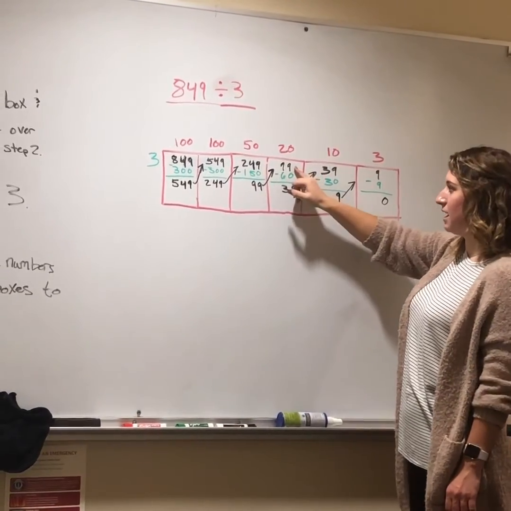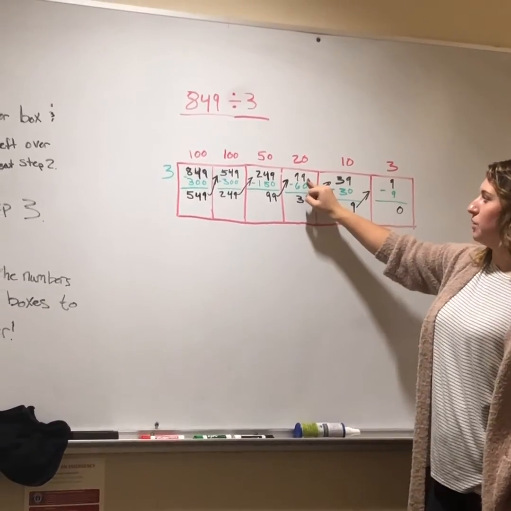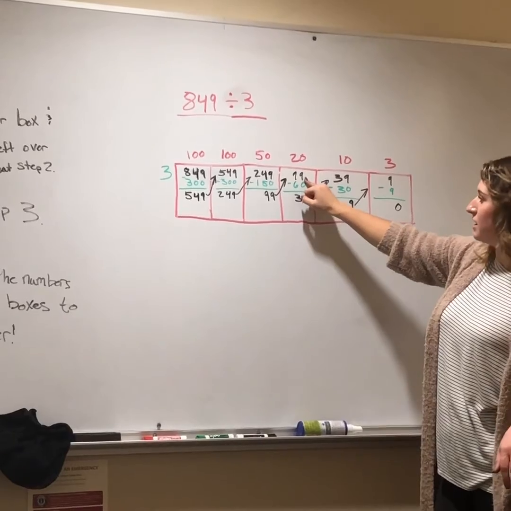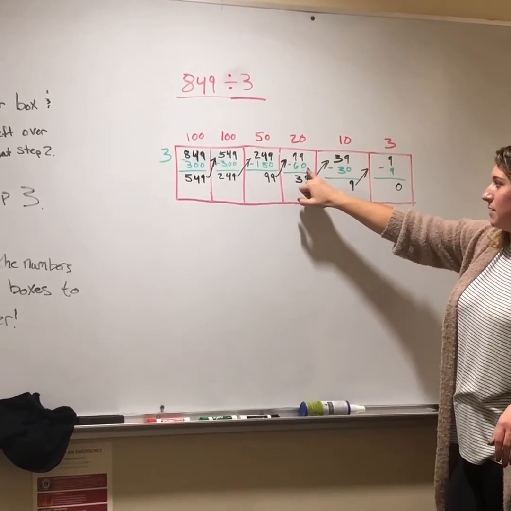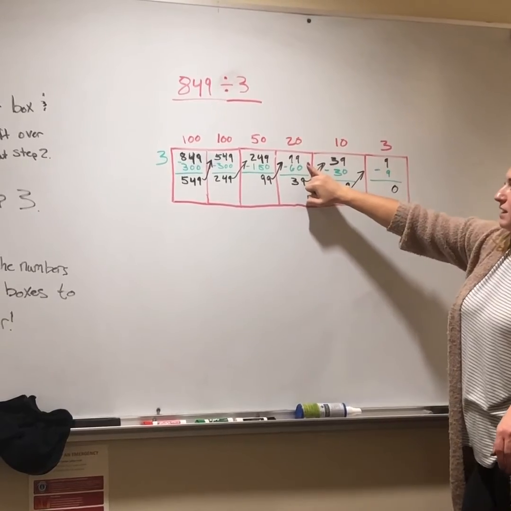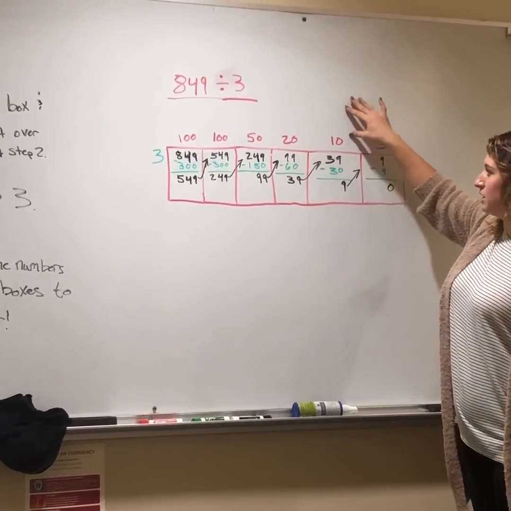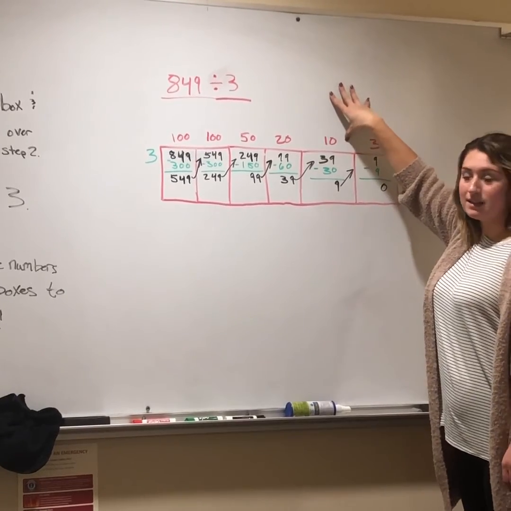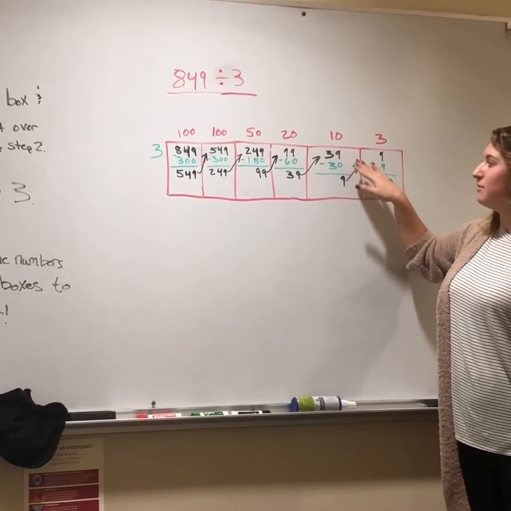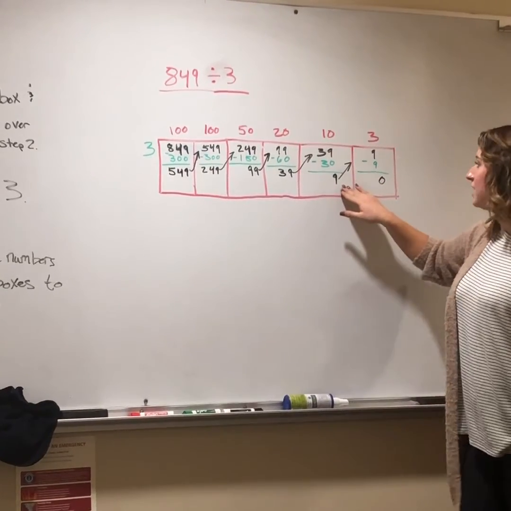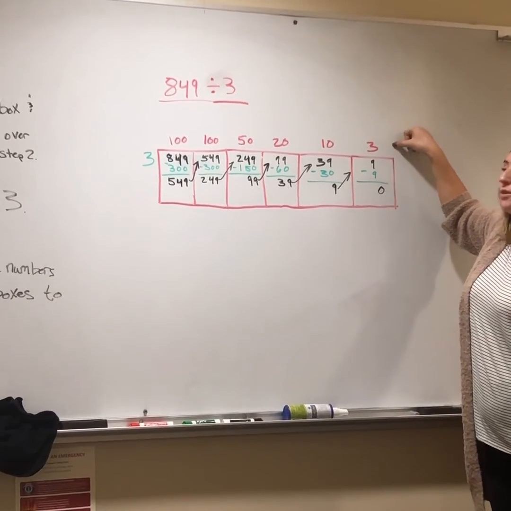I carried my 99 up, and then I noticed that I could put 3 into that 20 times, which would give me 60. So then 99 minus 60 is 39. And then I could put 3 into 39 10 times, giving me 30, which then I would do 39 minus 30 equals 9. And I move on to the last box, which we know that 3 goes into 9 3 times.